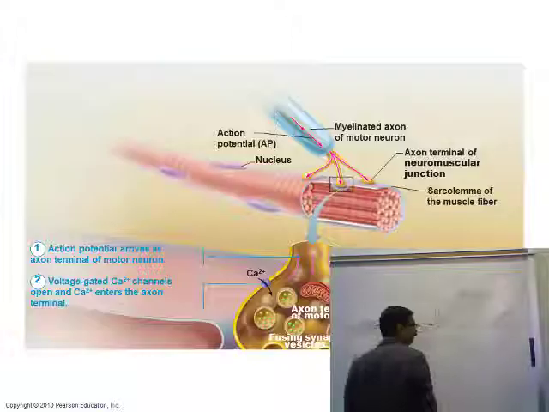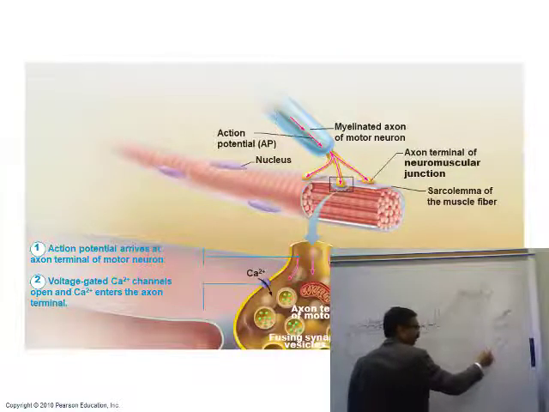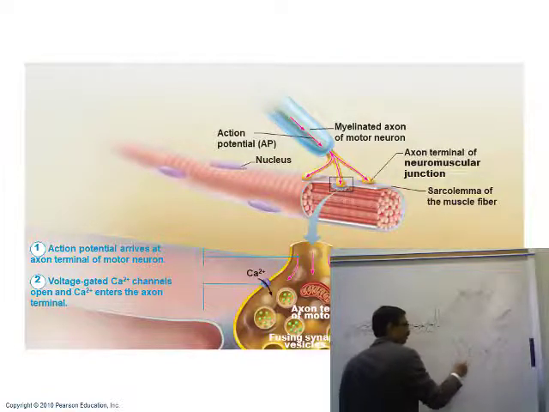You all know that, for example, this is a neuron, axon terminal, you know dendrites. So this is a neuron. And axon terminal, this is a muscle fiber, this is another muscle fiber. Okay, so axon terminal meets the muscle fiber.